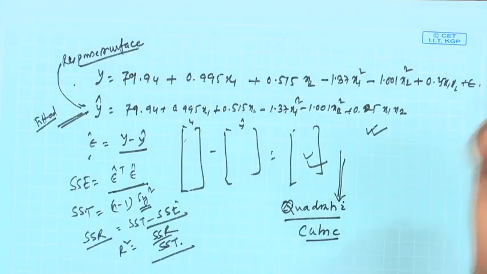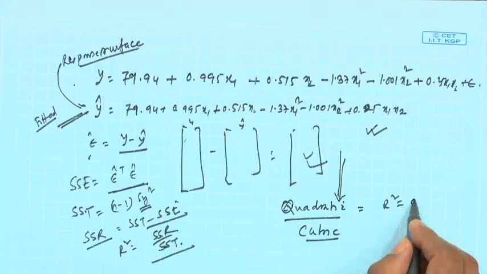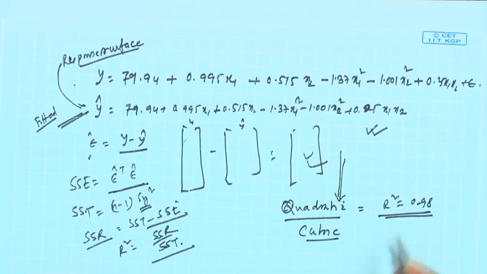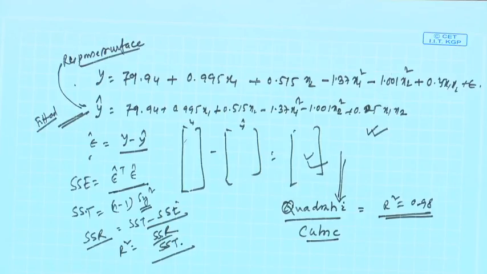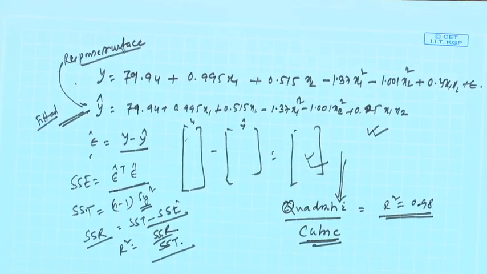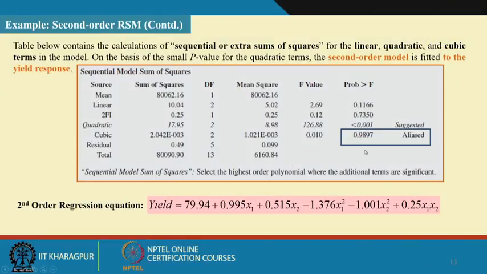It may give even better results. Now, the quadratic R square is 0.98, so it is already very high, and I think we do not require cubic. Also, if you use cubic, the number of parameters to be estimated will be even more, since you require the cubic parts x1 cube, x2 cube.